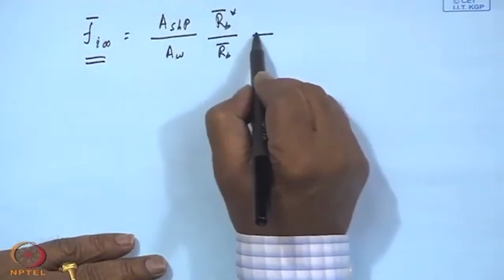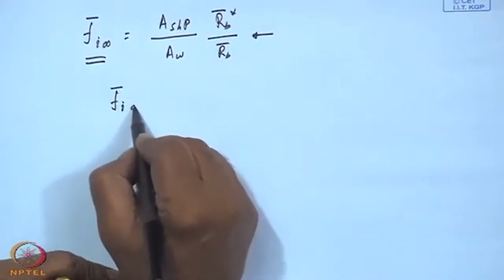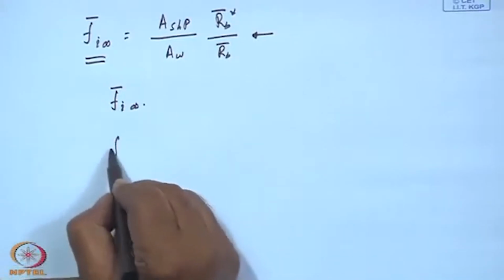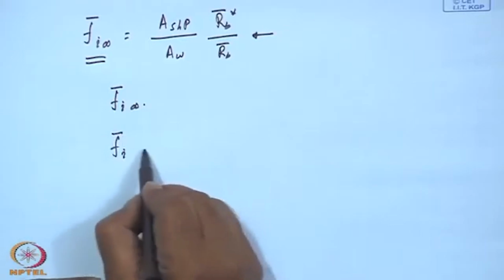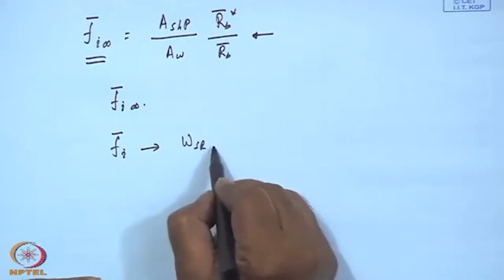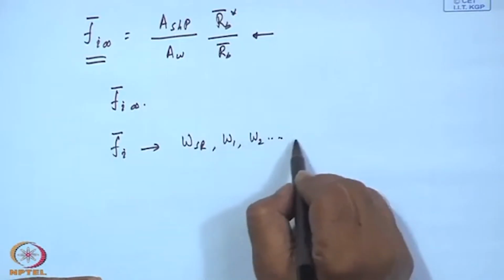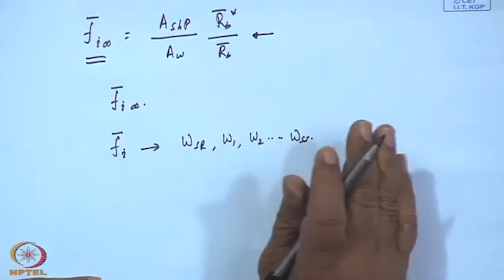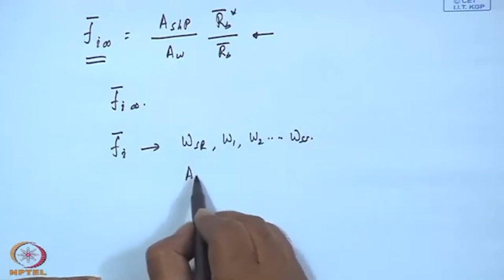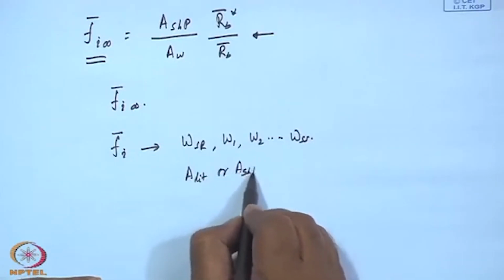So, with this you can calculate your Fi bar infinity, and if you want to calculate Fi bar, I have already mentioned the problem of integrating between omega SR, omega 1, omega 2, we do not know how many, up to omega S piecewise, and then the corresponding A lit or ASHP.